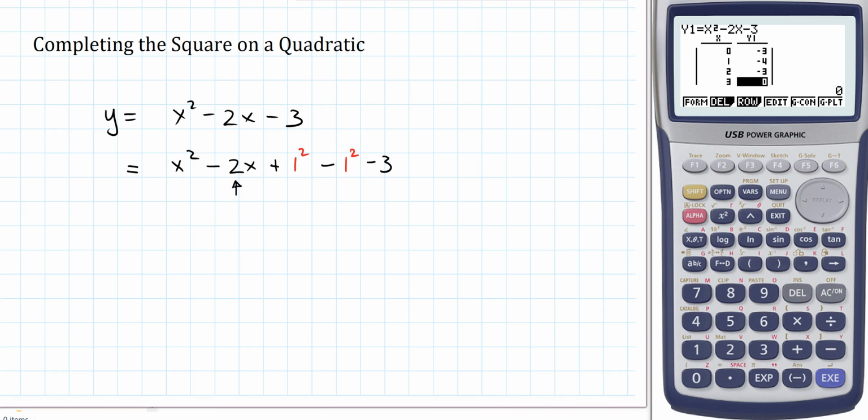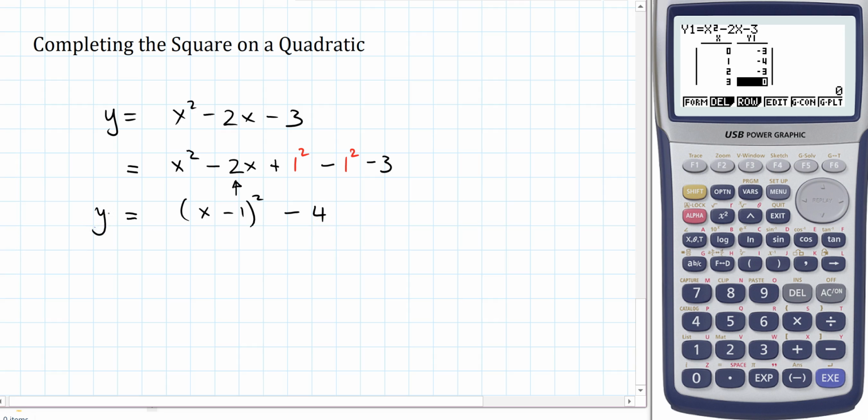If I tidy this up on the right-hand side, I can factorize those first 3 terms into x minus 1 all squared. And then I've got left over minus 1 squared, so that's minus 1, minus 3, which gives me minus 4.